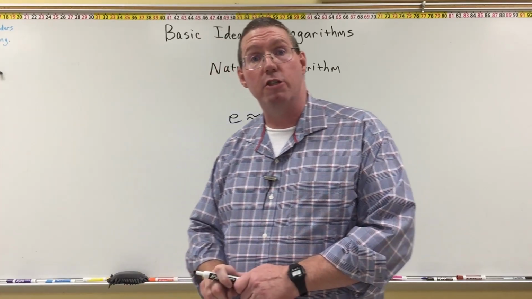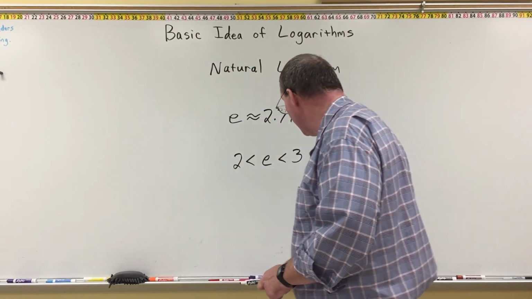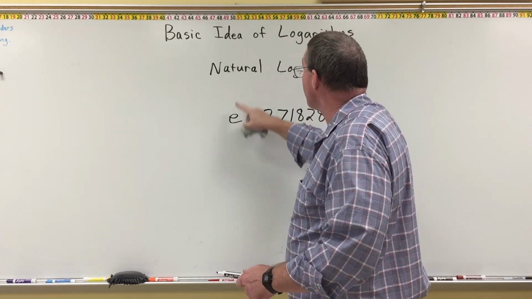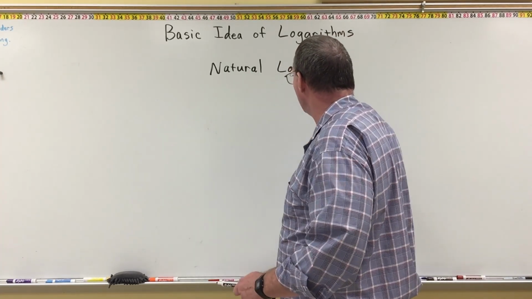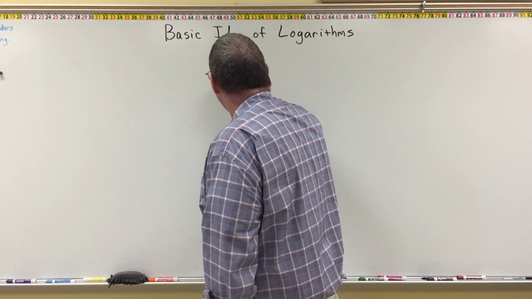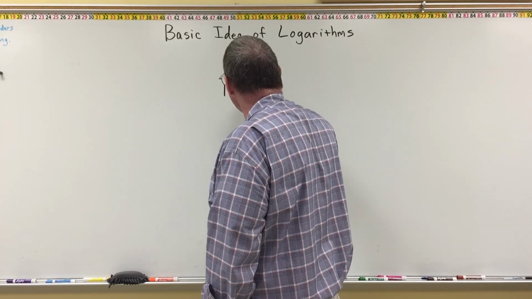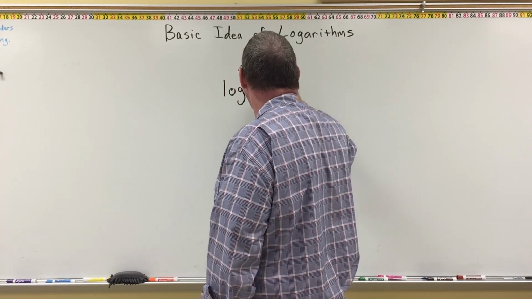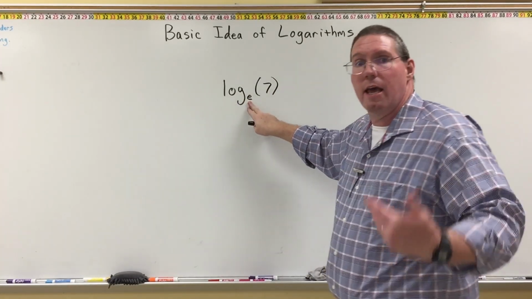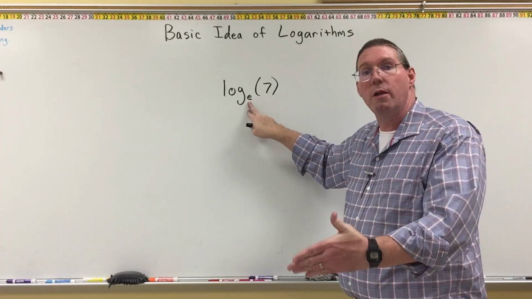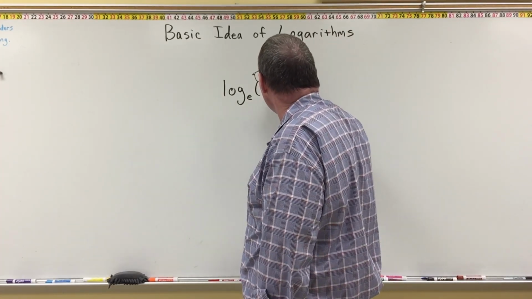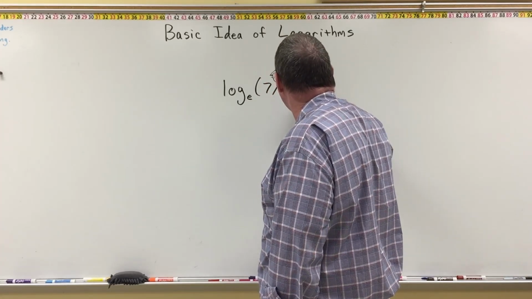And because it has something to do with exponents, we see it frequently in logarithms, and it is the base of what we call the natural logarithm, okay? So the natural logarithm is basically this. If we were to say log base e of, let's say, 7, and we know that e is about 2.71828, instead of saying log base e of 7, we say ln, natural log.